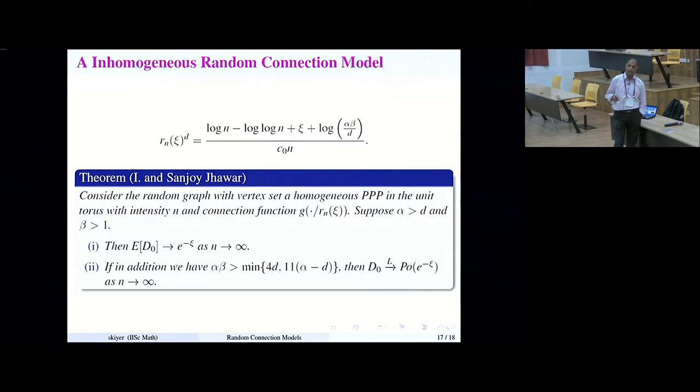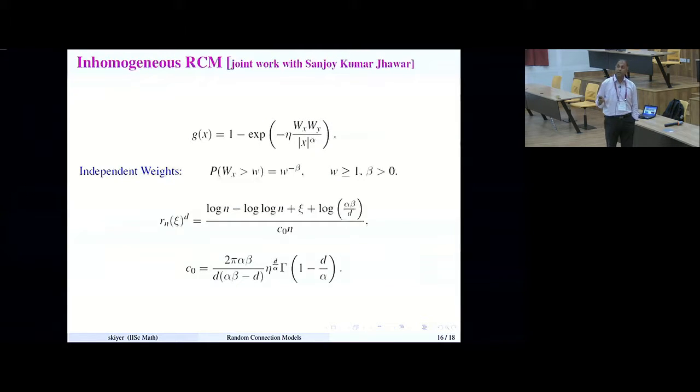If you recall, Penrose's result said for a general case that if the expectation stabilizes, then you have a Poisson convergence, but you require that the connection function is bounded away from 1. But in this case, you can see that for any x and y, if the weights can be arbitrarily large, your connection function can get very close to 1, right? And that's exactly what the problem is with, even though here you have a specific form for the connection function, it's somewhat complicated because of the weights bringing in dependencies.